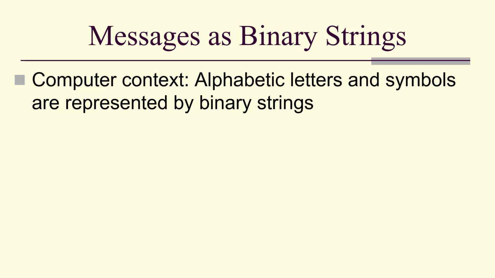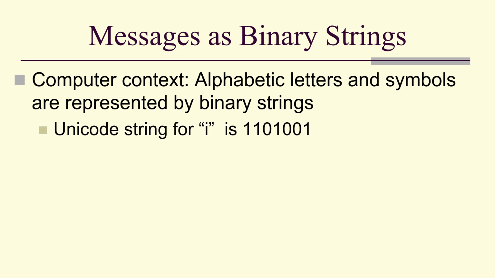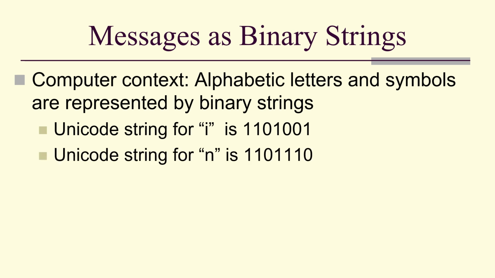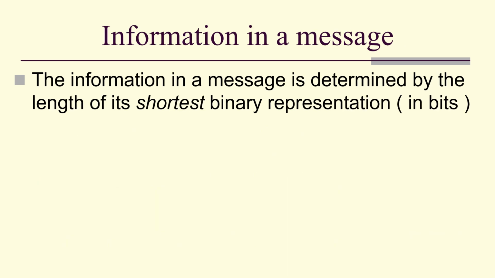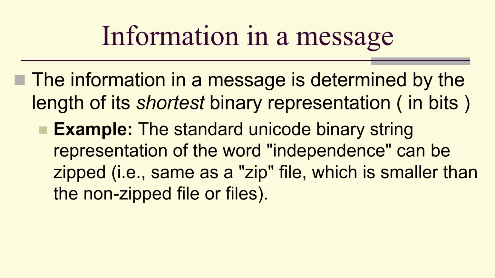For example, alphabetic letters and symbols are represented by binary strings in a computer. The Unicode string for I is 11010001. For N, it's 1101110. So the word independence as a binary string looks like this. But the information in a message is determined by the length of its shortest possible binary representation in bits.